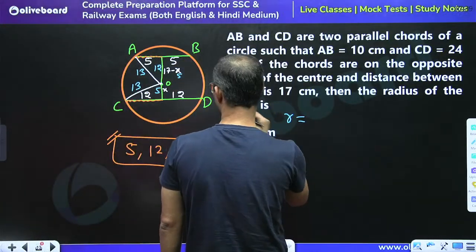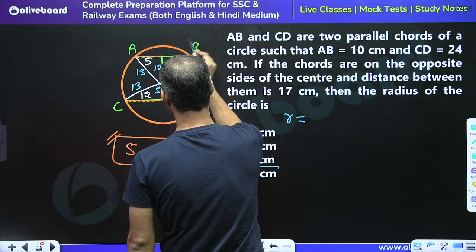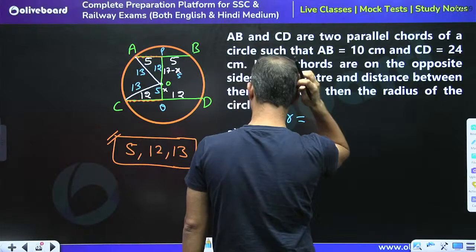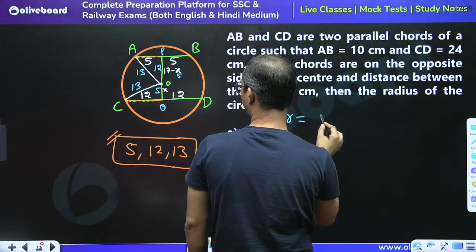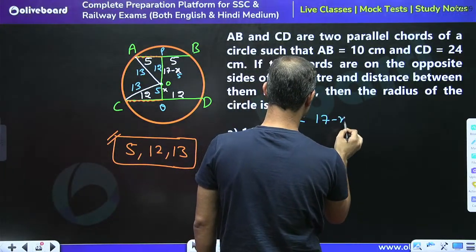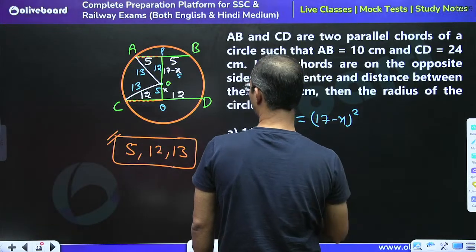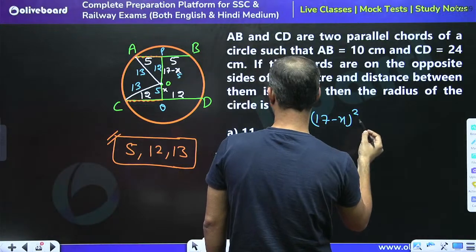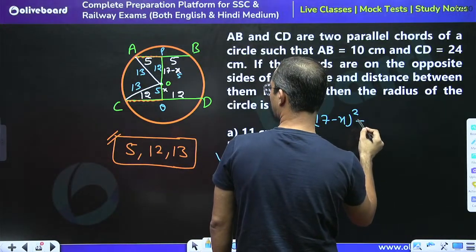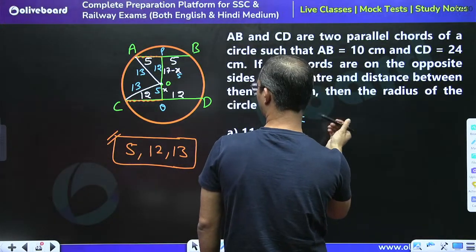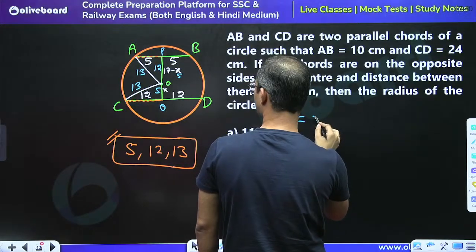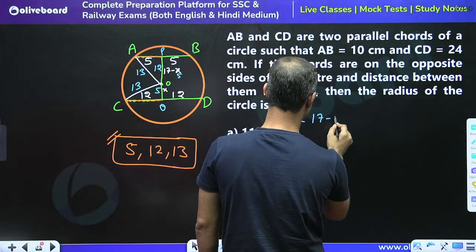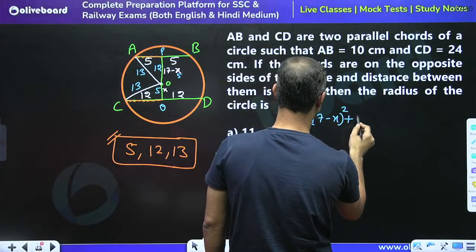According to the names, if I take P and Q, then according to triangle AOP, the radius square is equal to 17 minus x square plus 5 square, right?